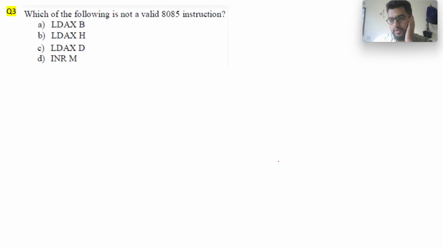Now again, which of the following is not a valid 8085 instruction? You have LDAX B, LDAX H, LDAX D, and INR M. Which of the following is not a valid 8085 instruction? Anyone?